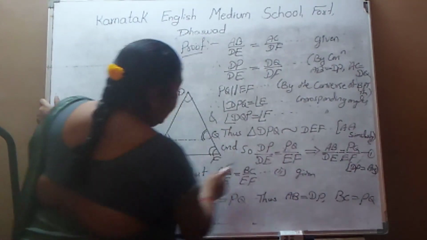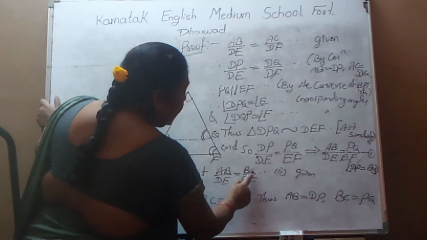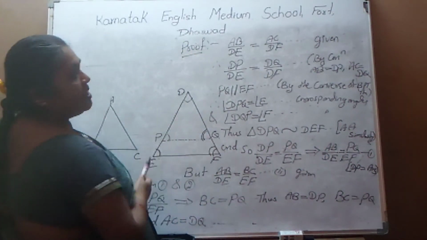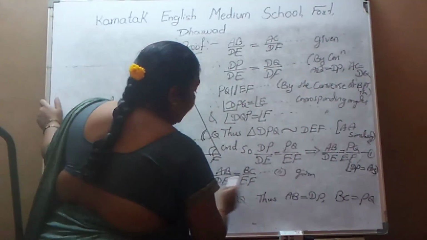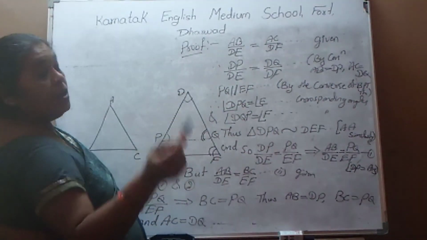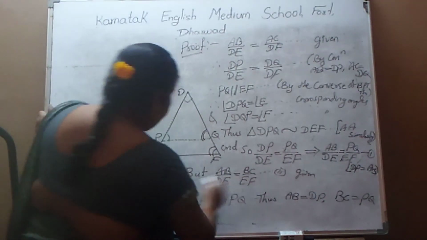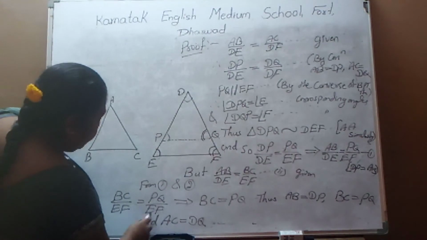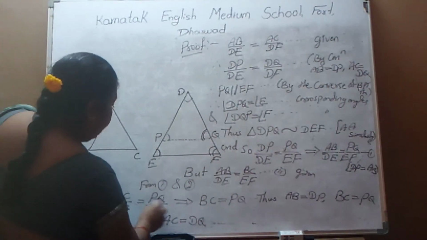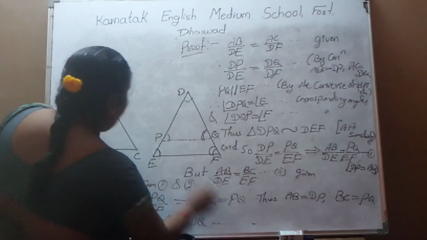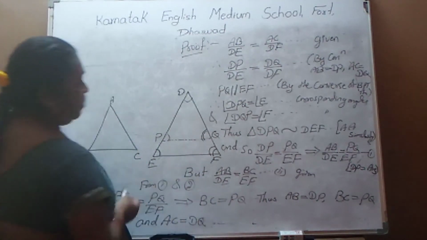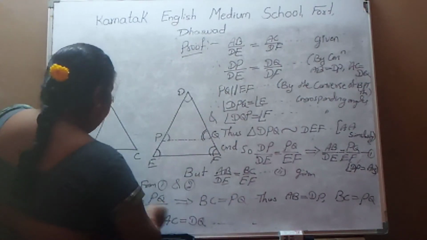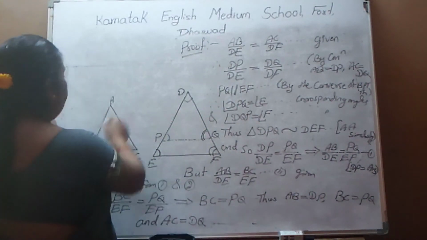From 1 and 2, observe here, AB upon DE, both are equal to it, right? When RHS are equal, LHS also; when LHS are equal, RHS also equal. So from axiom, from 1 and 2, BC upon EF is equal to PQ upon EF. When these are equal, BC equal to PQ. So when these are equal, all sides are equal.